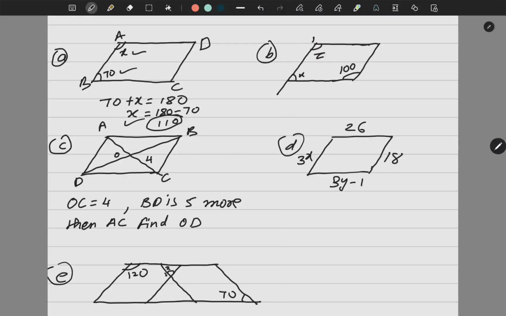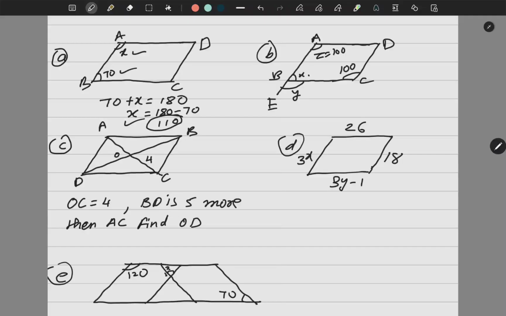Now suppose this is a parallelogram A, B, C, D and say this is E. Now in this question, I'll put here also Y. Now I need to find out X, Y, Z. What I know about a parallelogram is that opposite angles are equal. So definitely this angle A will become 100.